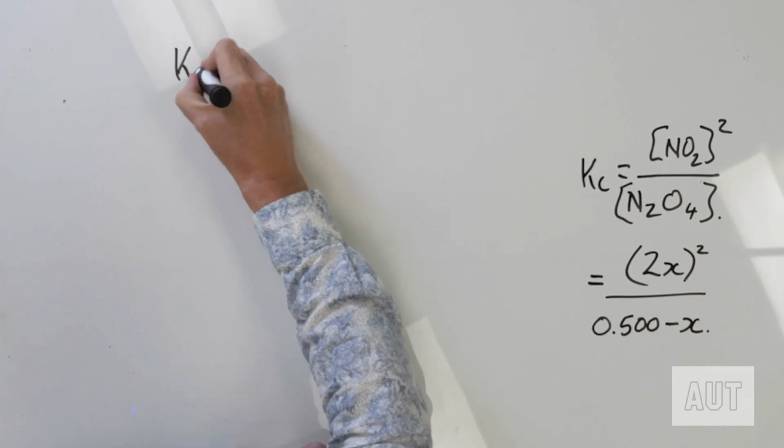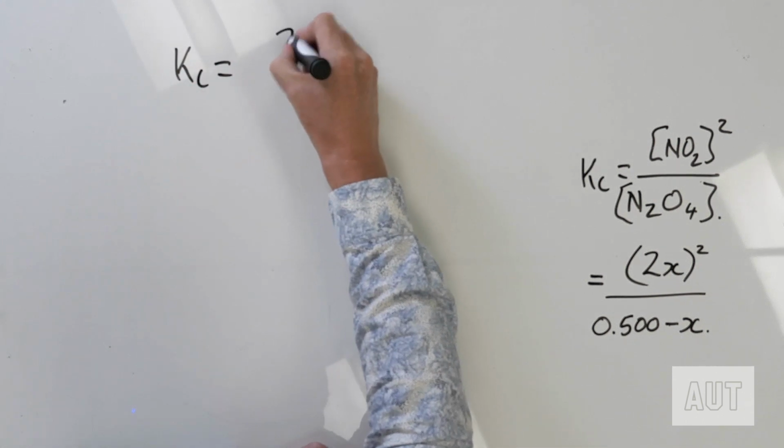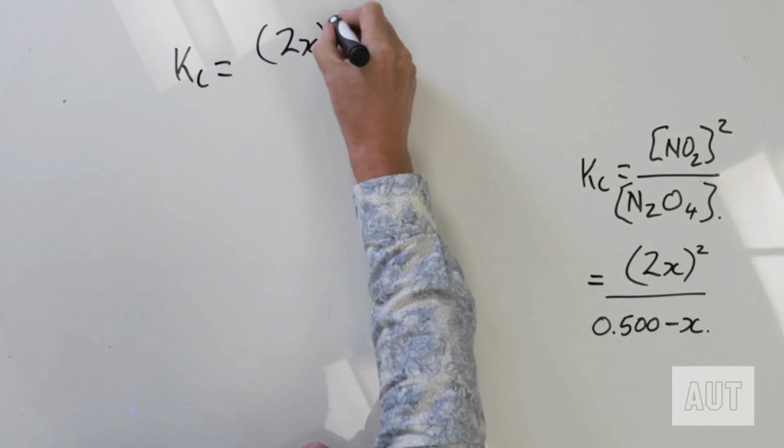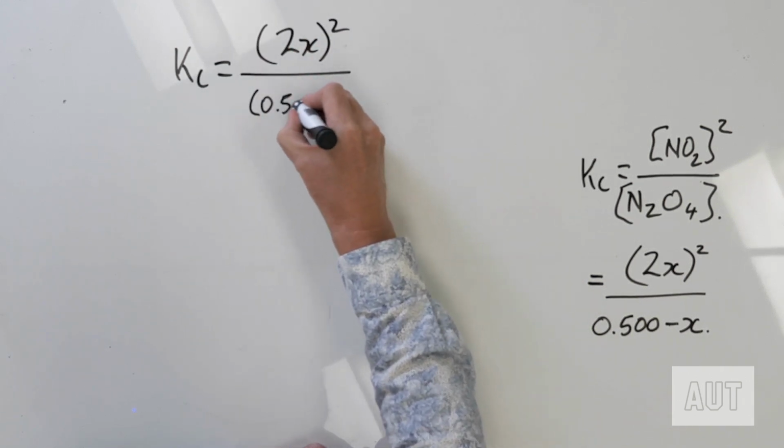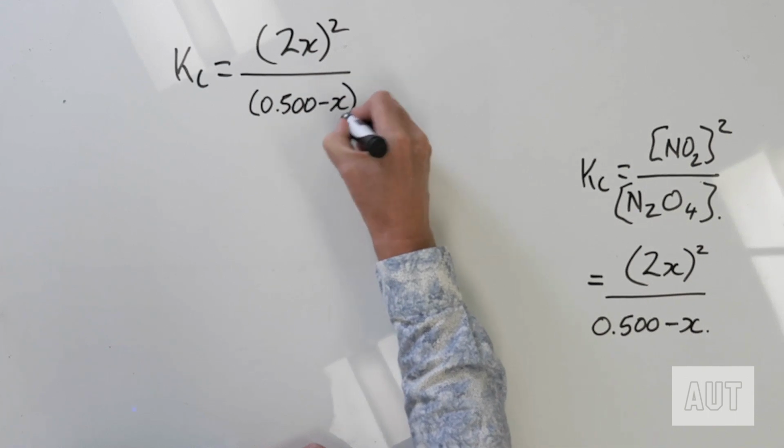And let's see if we can't solve this expression that we now have. Okay? So, what do we got? We have got Kc is equal to (2x)² over 0.500 minus x.